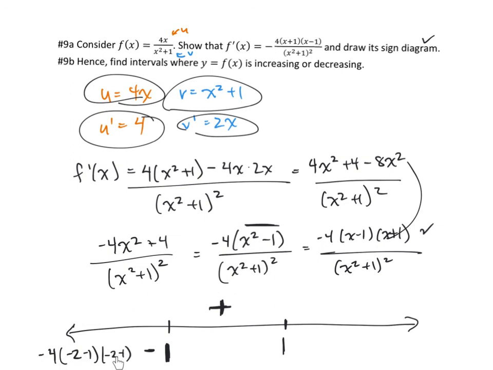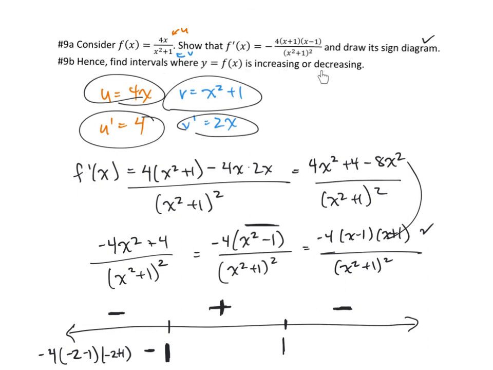So we got 3 different negatives. Even if that's a plus, still negative. That's going to be a negative answer over here. And if we over here plugged in 2, we'd have 2 minus 1, that's positive. 2 plus 1 is positive, times a negative, that would also get us a negative. So there is my sign diagram.